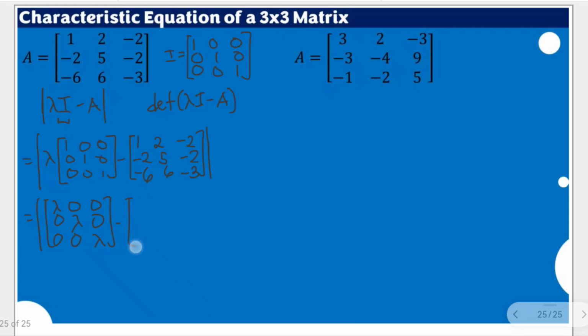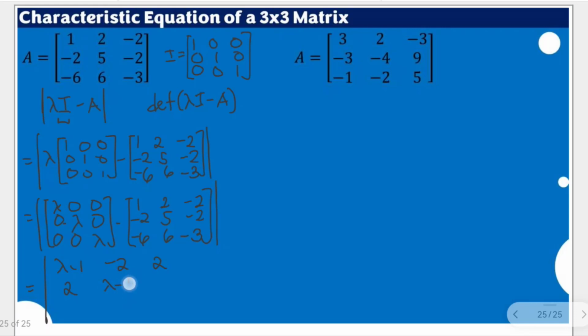Minus again, you have 1, 2, negative 2, negative 2, 5, negative 2, negative 6, 6, and negative 3, which will give us this form here. Lambda minus 1. 0 minus 2 is negative 2. 0 minus negative 2, that's positive 2. 0 minus negative 2, another positive 2.